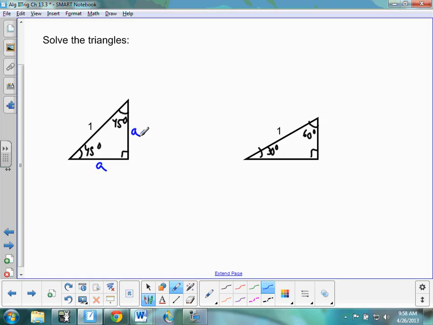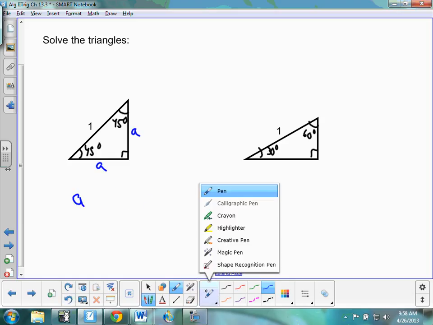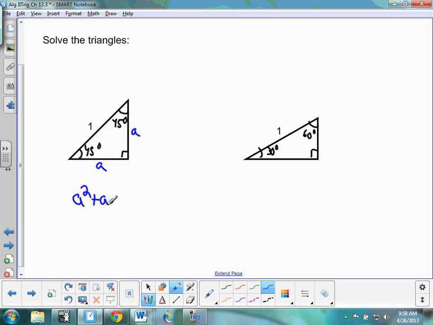So a squared plus b squared equals c squared is still the theorem I'm using. But since they have the same side length, a squared plus a squared equals c squared. These are like terms. I can add them up. I want to solve for a. I know that c is 1.